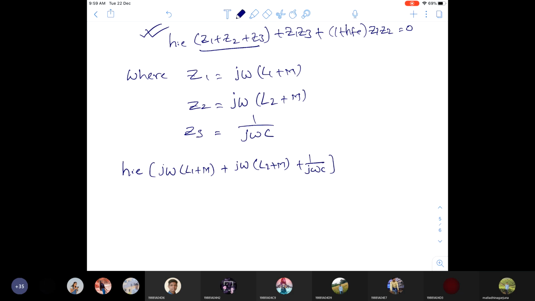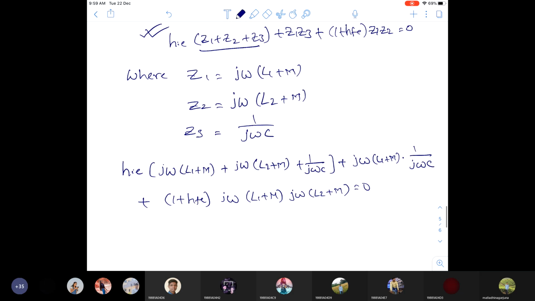Plus Z1, which is j omega L1 plus M, into Z3, which is 1 by j omega C, plus 1 plus HFE into Z1 Z2, that is j omega L1 plus M, into Z2, which is again j omega into L2 plus M, equal to 0.